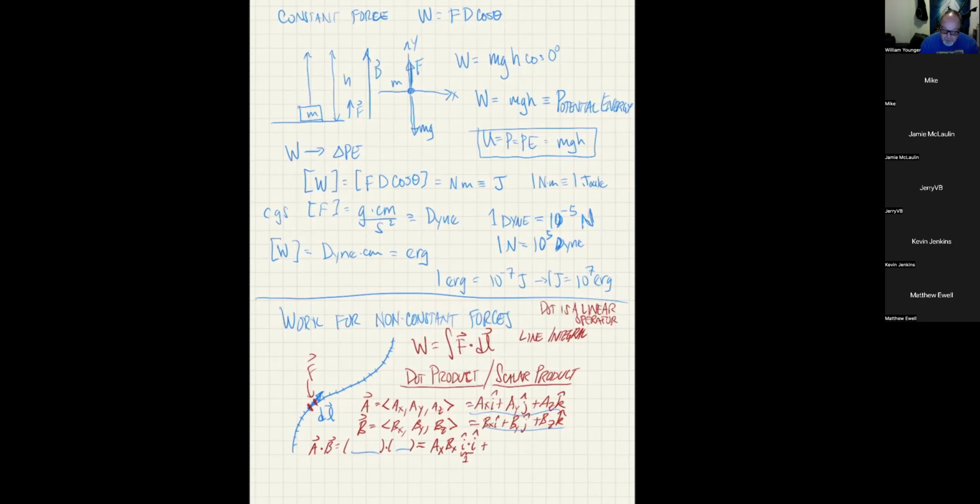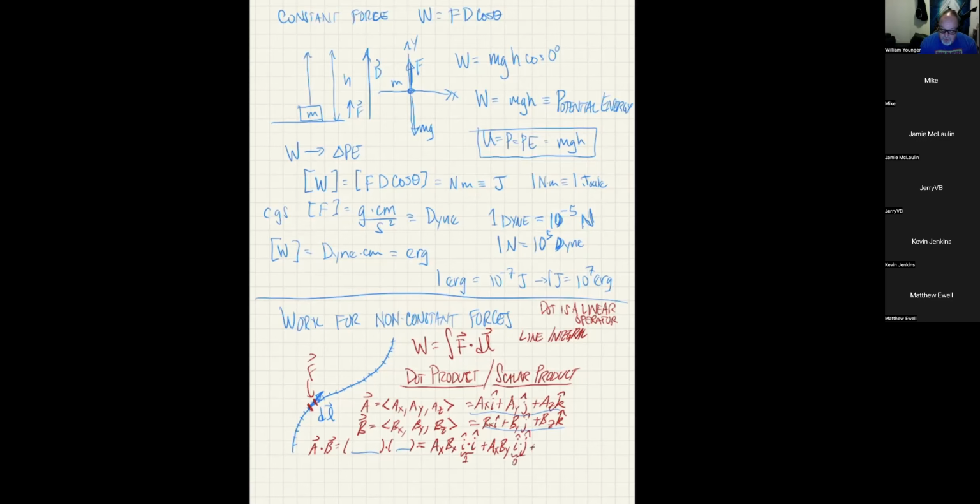Then the second term is going to be AX BY, and that's going to be i hat dot j hat. Okay. Well, if the dot product is made to find components that are parallel, there's no components that are parallel here. So that's going to be 0.